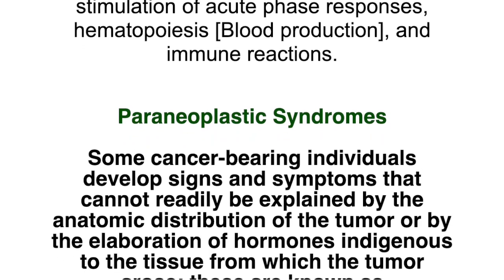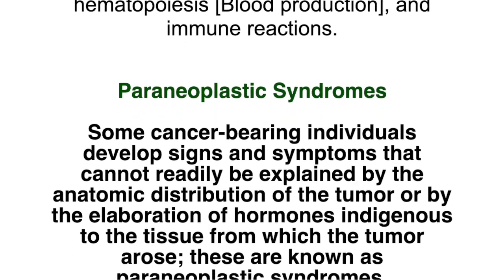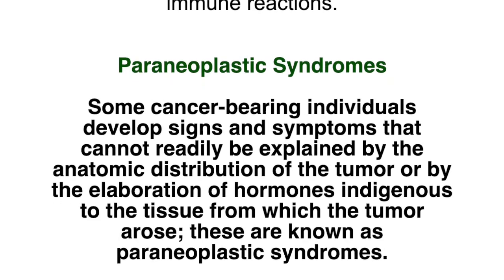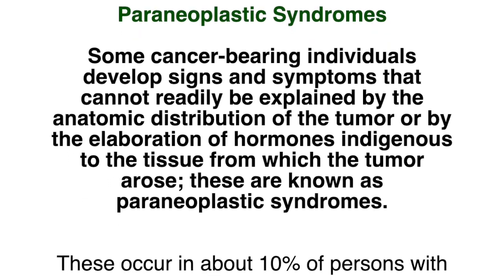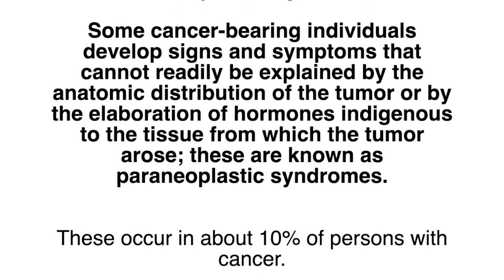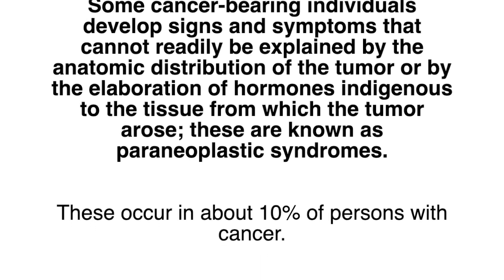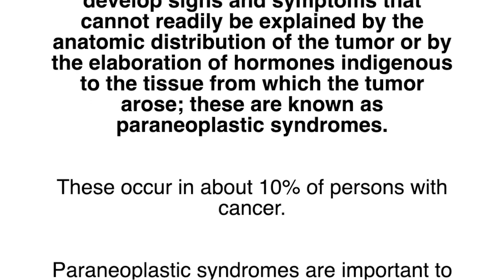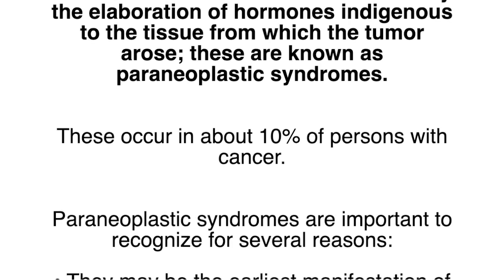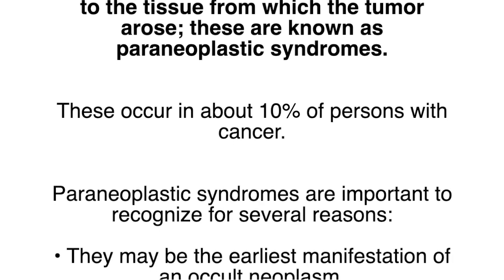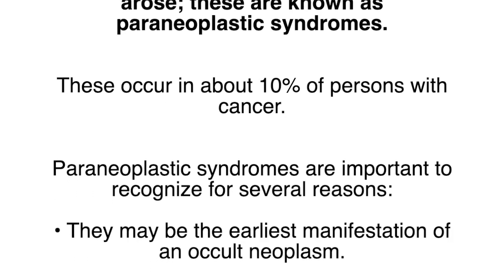Paraneoplastic syndromes. Some cancer-bearing individuals develop signs and symptoms that cannot readily be explained by the anatomic distribution of the tumor or by the elaboration of hormones indigenous to the tissue from which the tumor arose. These are known as paraneoplastic syndromes. These occur in about 10% of persons with cancer.